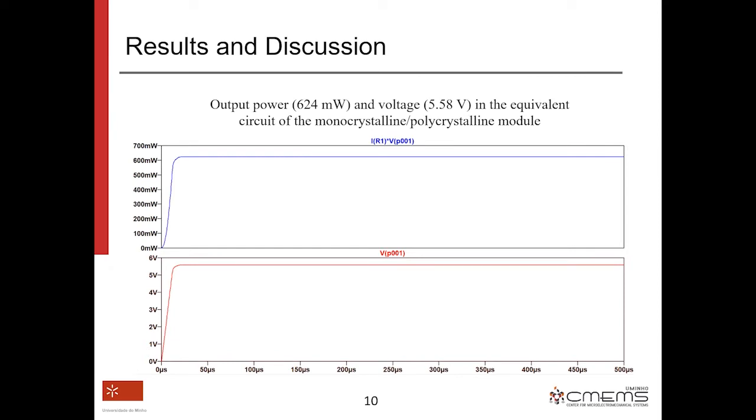We added a 50 ohm load to the output of the monocrystalline and polycrystalline equivalent circuit. And as we can see, the output power was only 624 milliwatts, and the voltage was way above the maximum power point voltage, in this case 5.58 volts, which is not optimal.